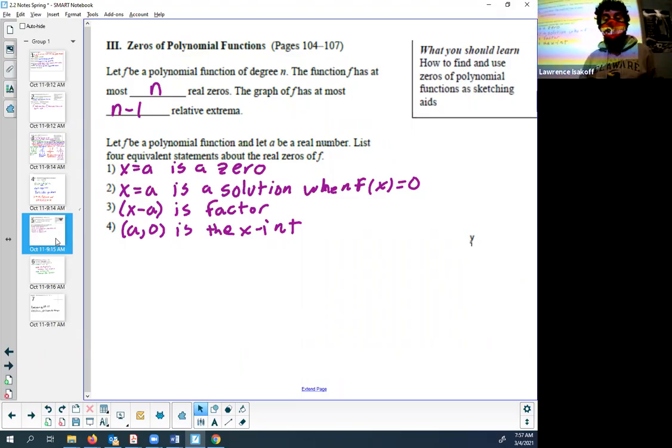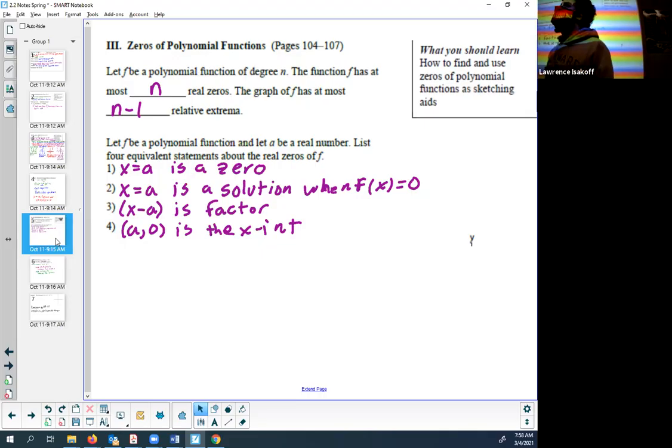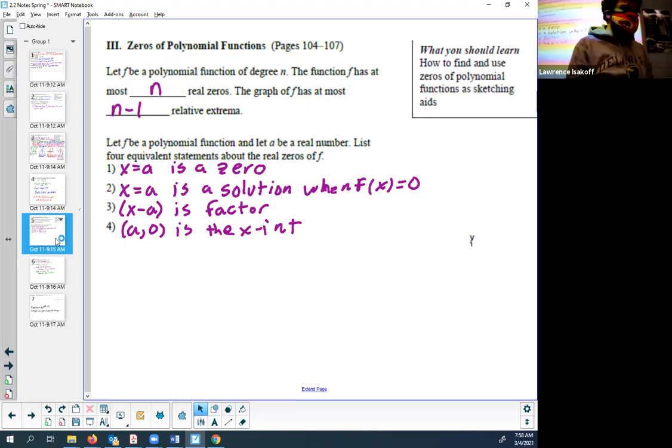If it's just squared, we already know quadratics only have at most 2 zeros. And then the graph will have at most n minus 1 relative extrema. So if something is squared, it will have 1. If something's cubed, it can have up to 2. If it's to the 4th power, it can have up to 3. 5th power could have up to 4, and so forth.